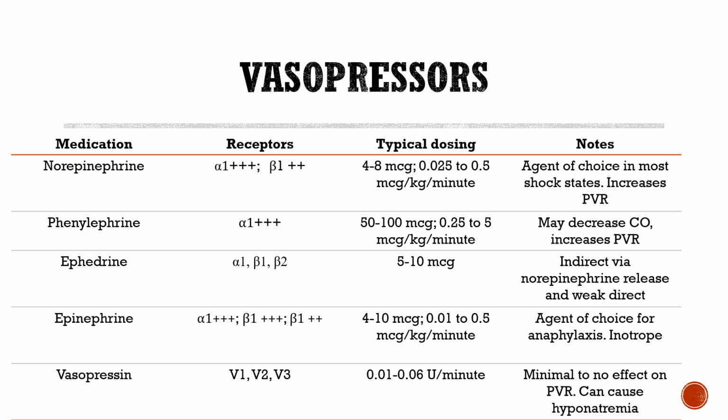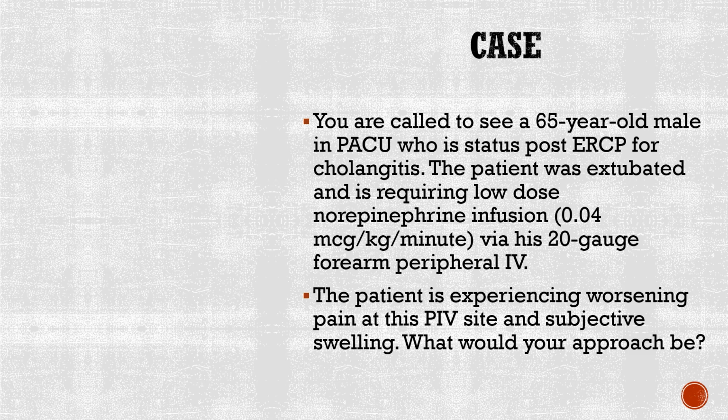Epinephrine, compared to other agents, has significant inotropic activity, and vasopressin acts on vasopressin receptors. It is believed that vasopressin, compared to others, doesn't typically affect or increase pulmonary vascular resistance and can be a nice, useful agent for patients who have pulmonary hypertension. However, it can cause hyponatremia due to chemical similarities to antidiuretic hormone.